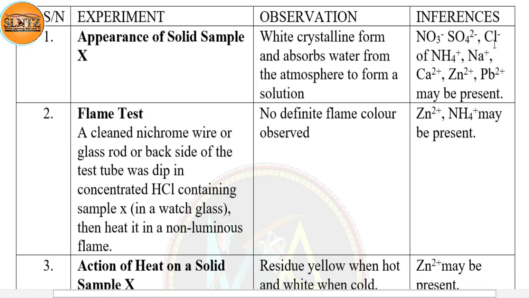Nitrate, sulfate, chloride, ammonium, sodium, calcium, zinc, lead may be present. And the flame test: a cleaned nichrome wire or glass rod. So in this one you have to choose. If you want to use the back side of the test tube, you have to choose one.